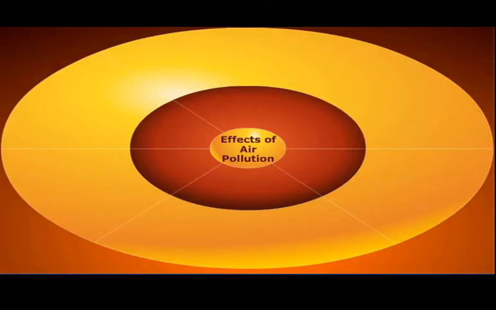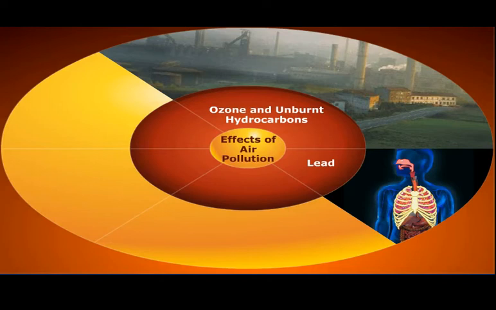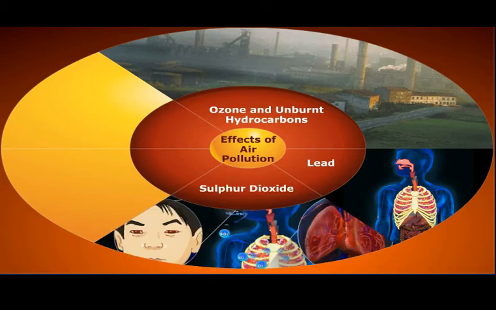Finally, let us understand how the pollutants affect human health, vegetation, and buildings. Ozone and unburnt hydrocarbons cause photochemical smog. Lead can damage the brain, liver, kidneys, nervous system, bones and muscles, and even the reproductive system. Sulfur dioxide causes irritation to the eyes and bronchitis or inflammation of the lungs.